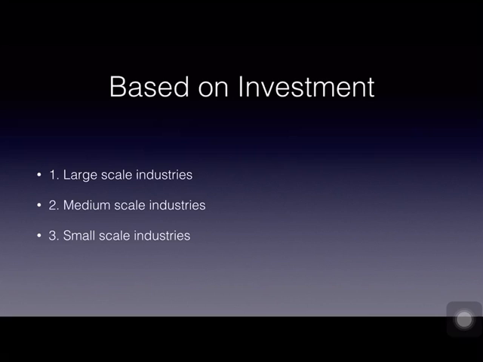If investment goes beyond that limit fixed by the government, those are large scale industries. And this amount of investment fixed by the government keeps on changing from time to time. So large scale industries need more investment, medium scale, medium investment, and small scale, less investment.